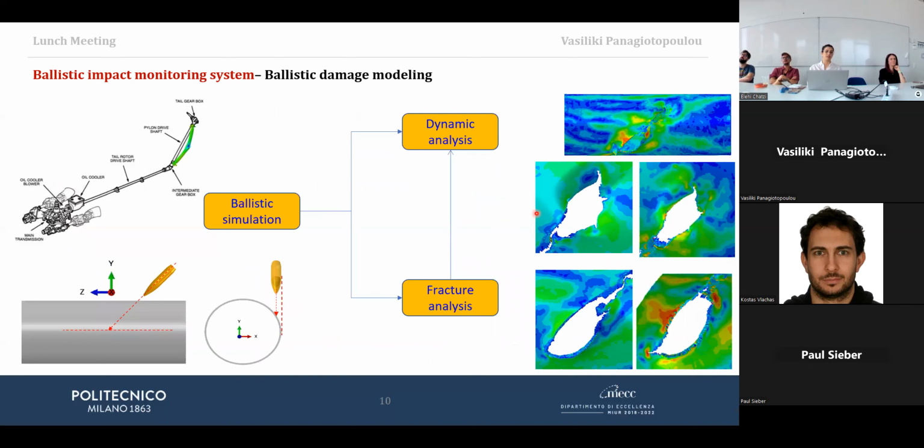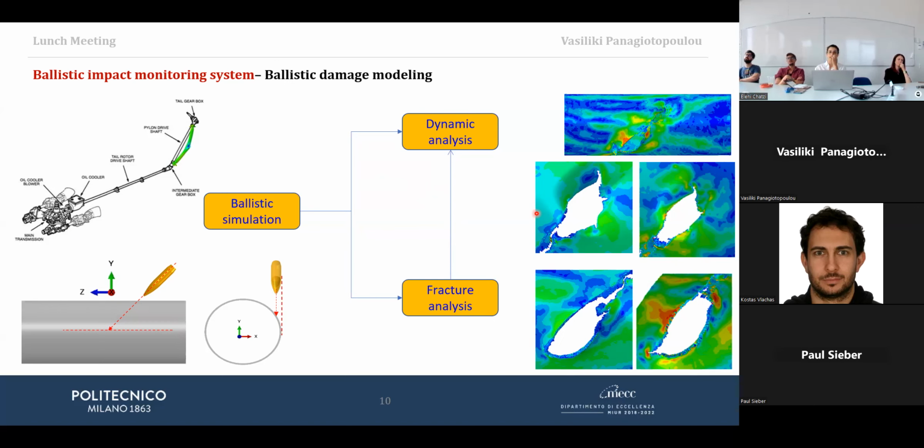Now, we have talked about the model in the healthy and pristine condition, nothing about damages until now. We have to perform the ballistic simulation, and that means fracture analysis.